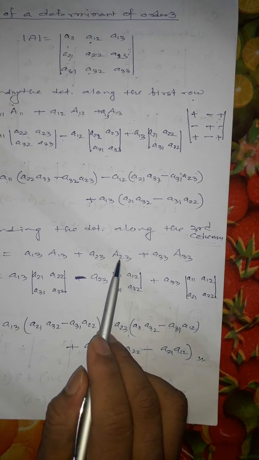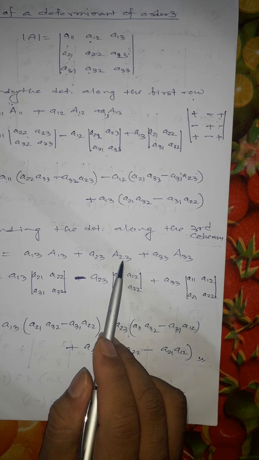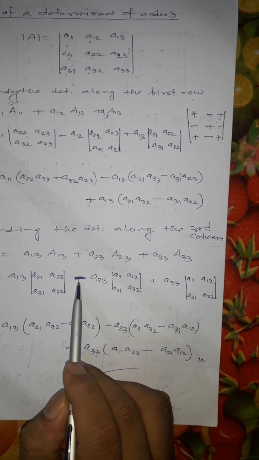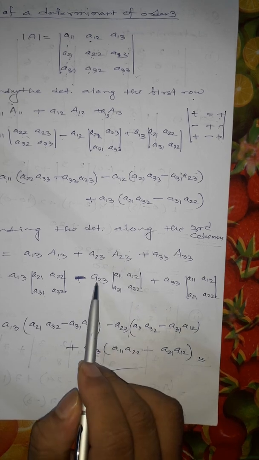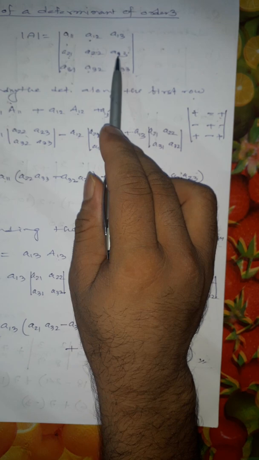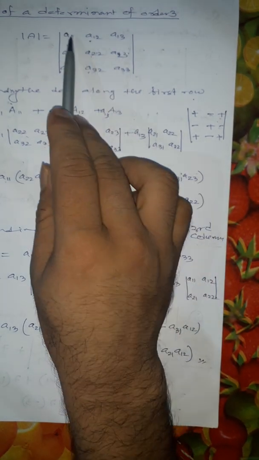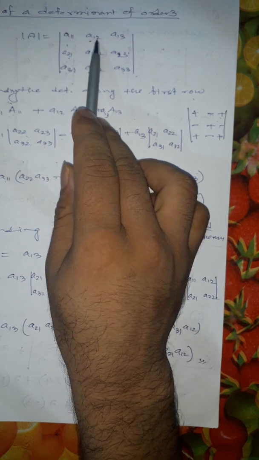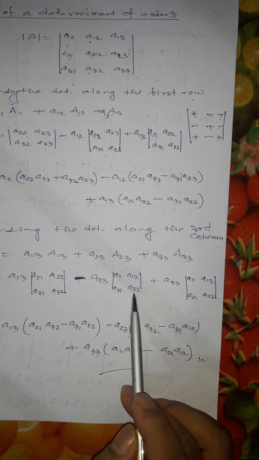Then here suffixes 2 and 3. 2 plus 3 is 5, so it is odd, so you'll get a negative sign. A23, and then in place of this you write down the minor of A23. Delete this column and this row, then you'll have these 4 elements A11, A12, A31, A32.